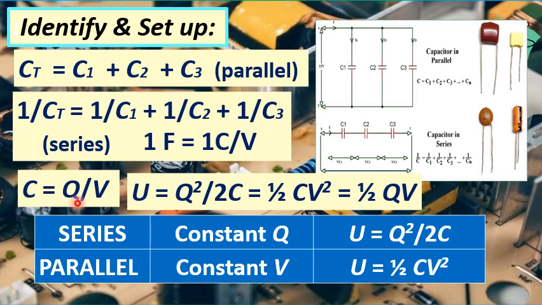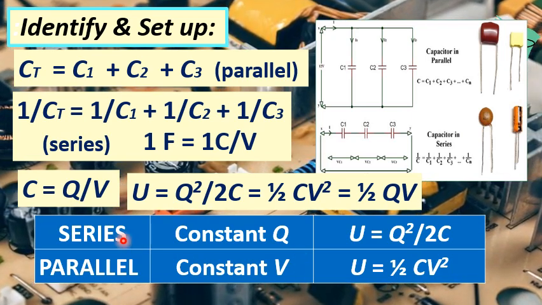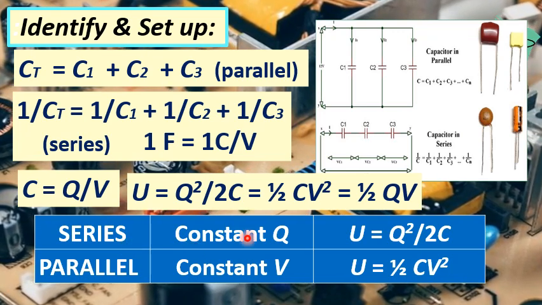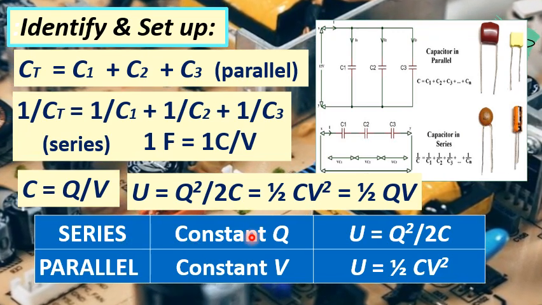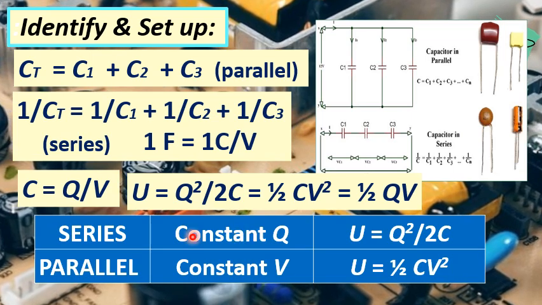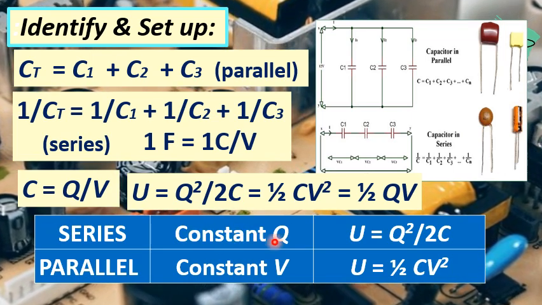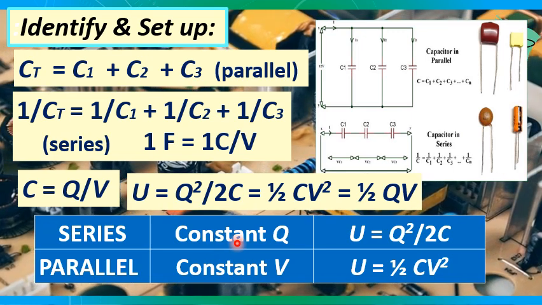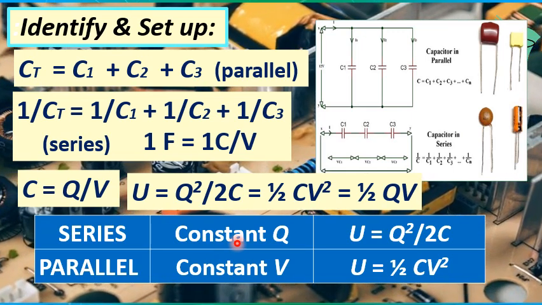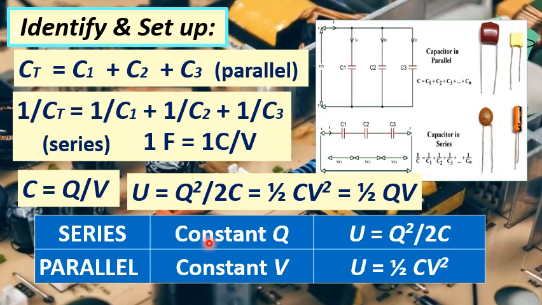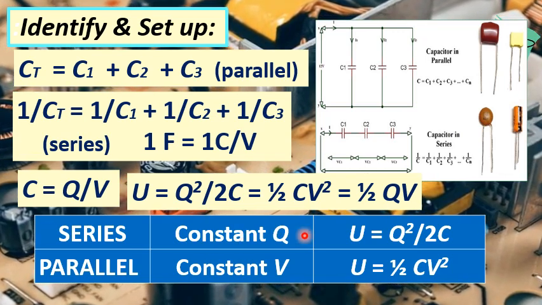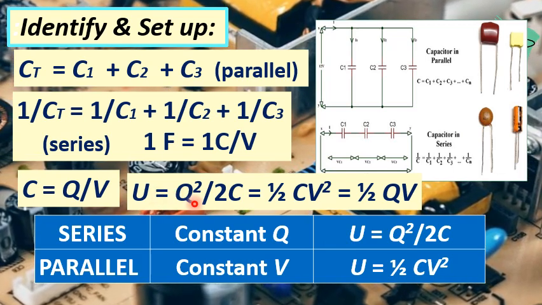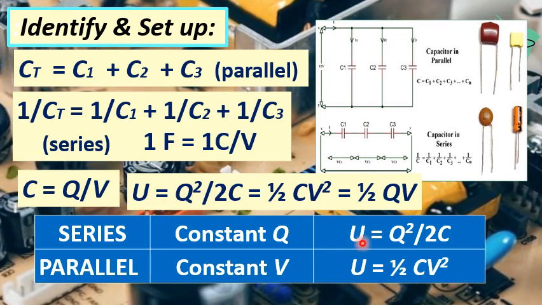We know that when capacitors are connected in series, the charge Q is constant, regardless of the amount of the capacitances. Big Q is constant, and based on the formula, U equals the square of the charge Q divided by twice the capacitance.